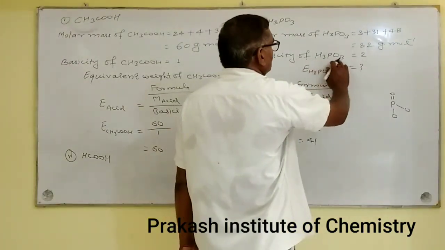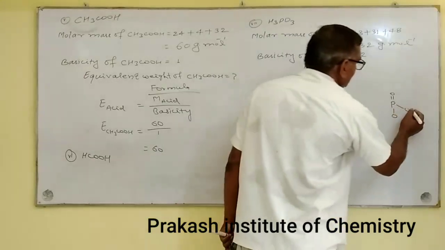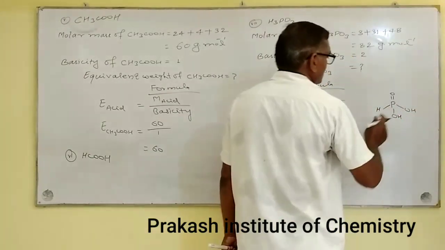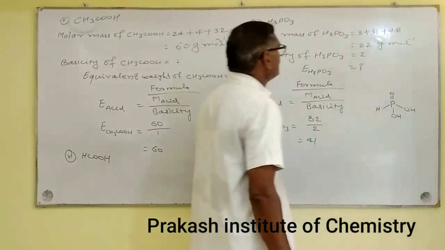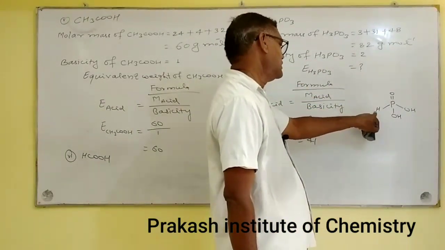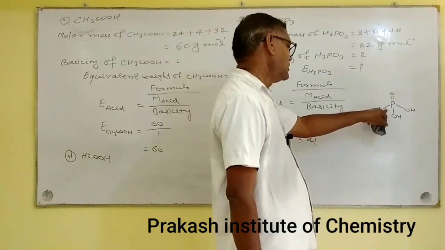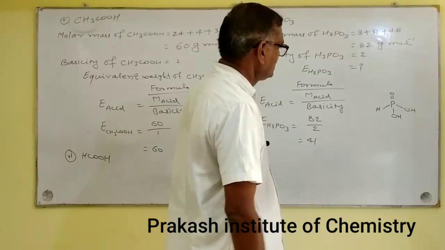In H3PO3 number of hydrogen atom 3, here we write 1, 1 and 1. Here we write 1 hydrogen atom is direct connected by phosphorus atom, therefore it is not ionized.